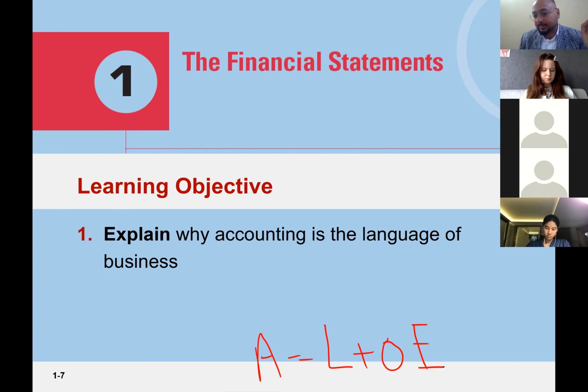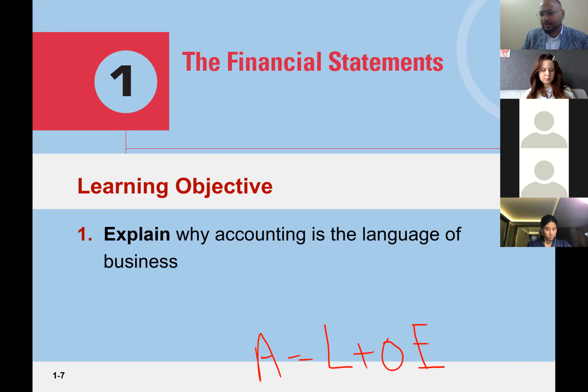What are liabilities? Outsider claims and expected future sacrifice. Well done. Monetary claims of outsiders, those who provide loans either short-term or long-term to the company, are called liability holders.